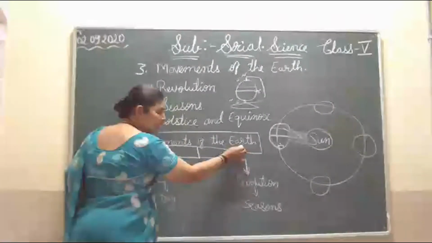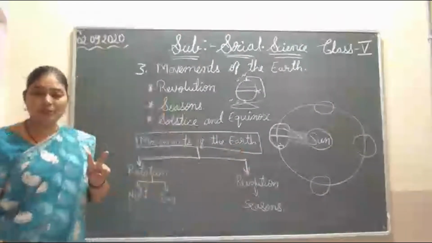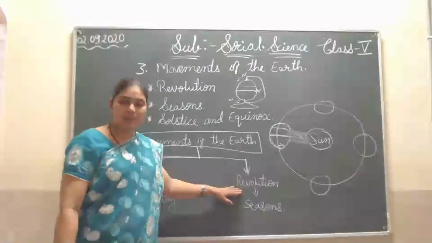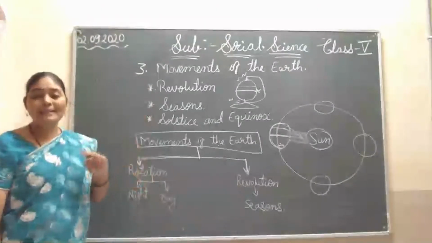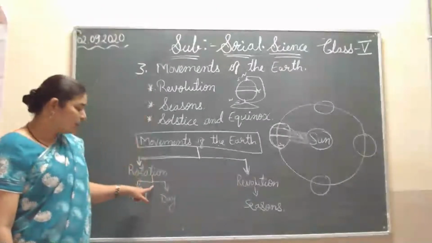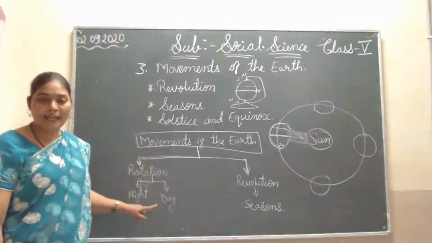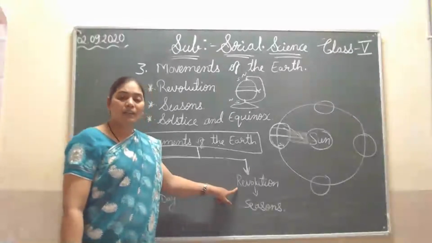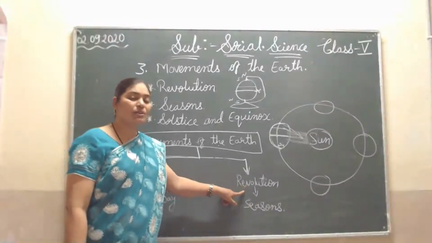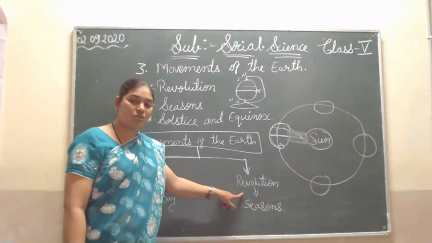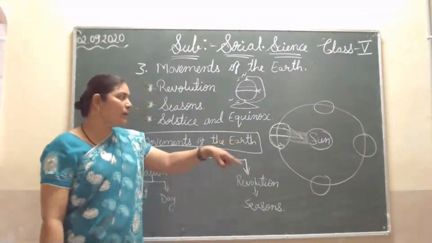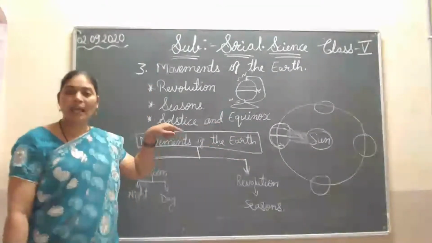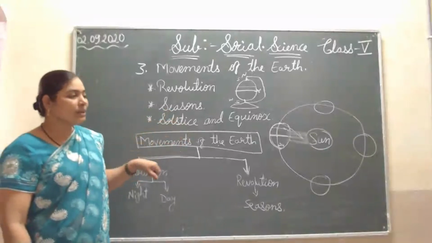In movements of the Earth, there are two types of movements. One is rotation. In rotation, the Earth rotates on its axis, so it is called day and night. Then one more point, that is the revolution. In revolution, the Earth moves on its orbit, not on its axis.